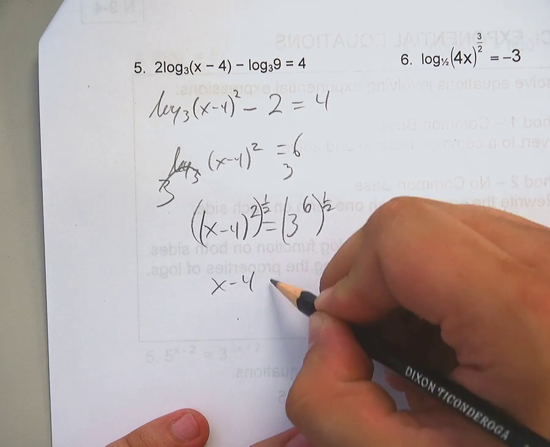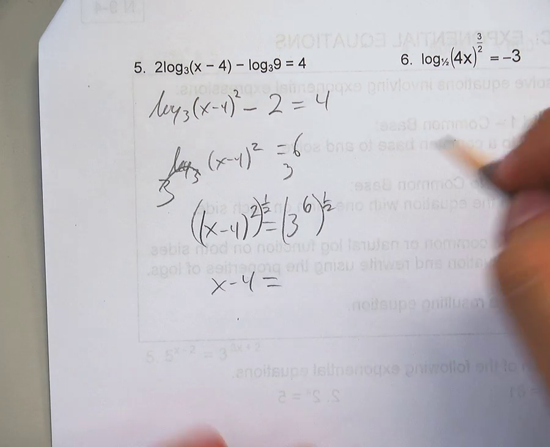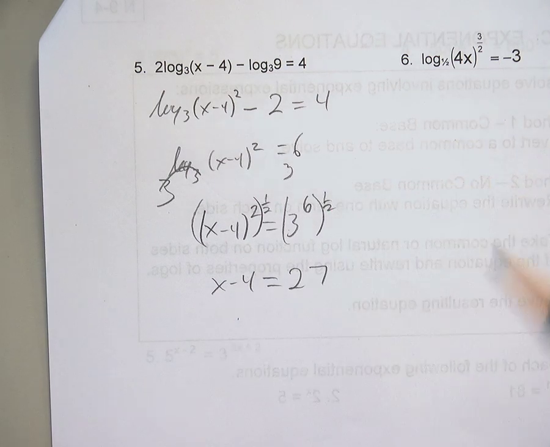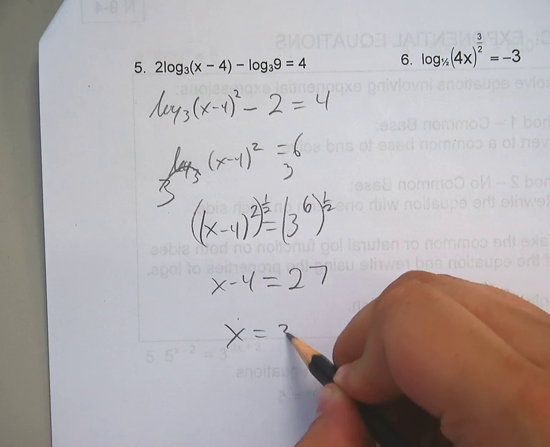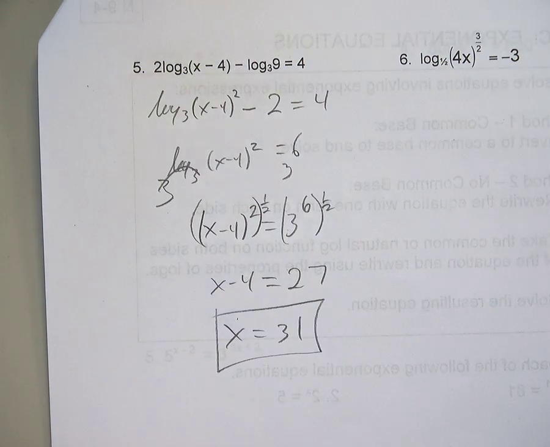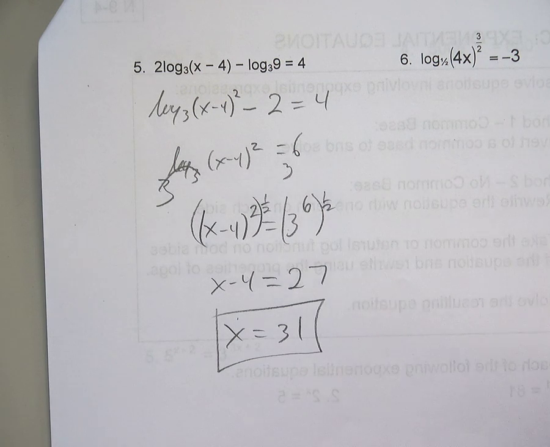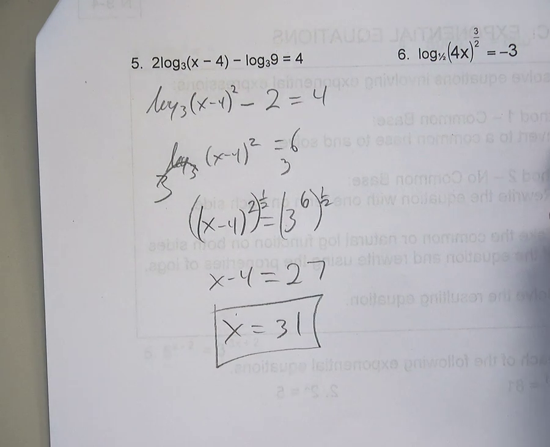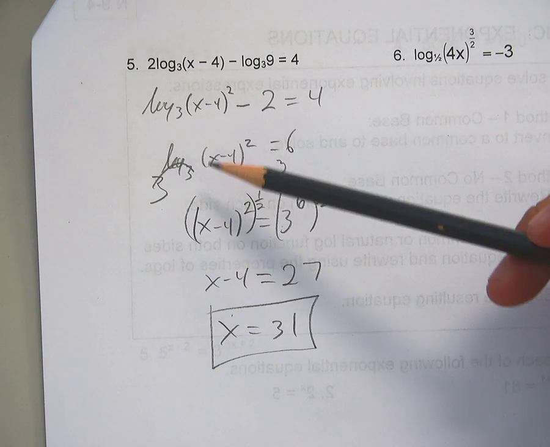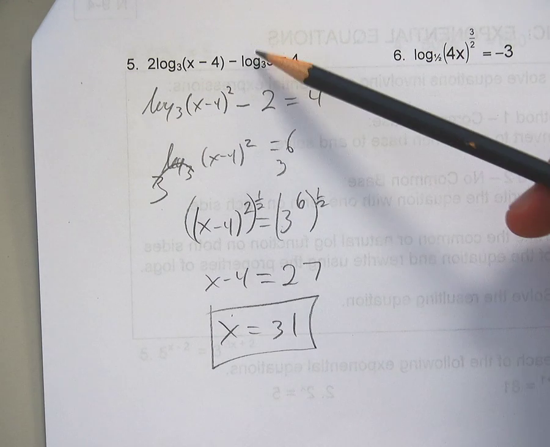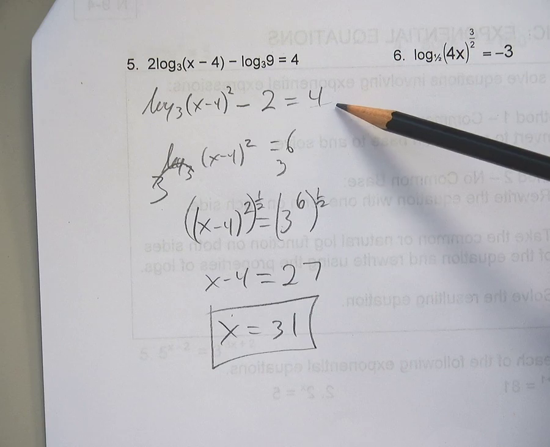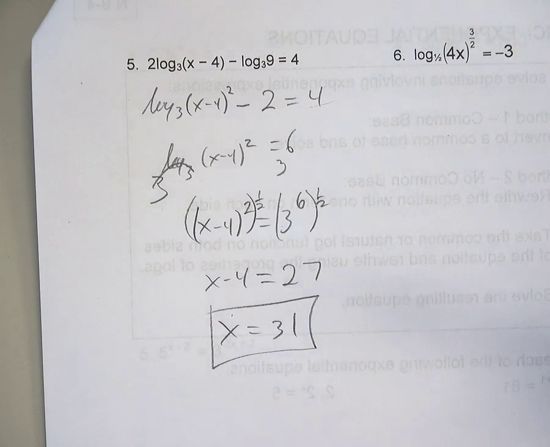X minus 4 equals 6 over 2 is 3, so 3 to the 3 is 27. 31. Add 4 to both sides. Never try to figure out 3 to the 6. Why? Right? Again, back here, we could have just figured out that this was 2, moved it over, and then divided by 2. Potato, tomato.